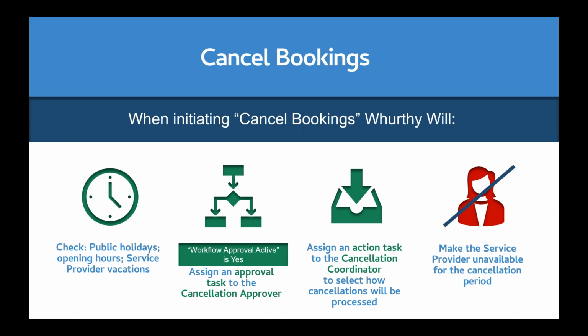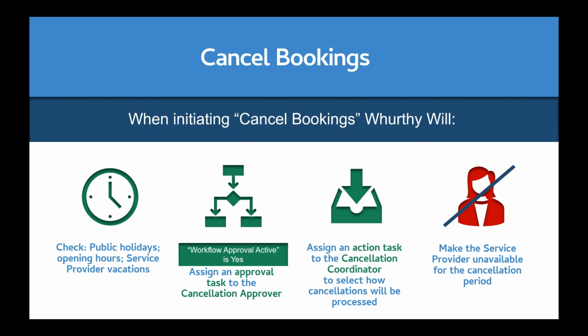When initiating cancel bookings, Whurthy will check all public holidays, opening hours, and service provider vacations. It's doing that to identify if the date range that's being entered doesn't actually have any days on which the service provider is available, and if so, it won't even initiate the workflow.